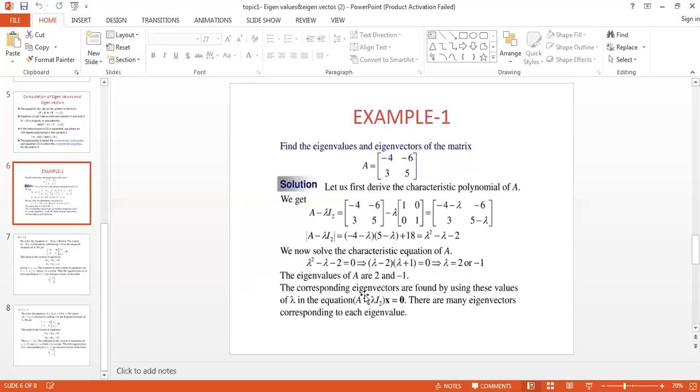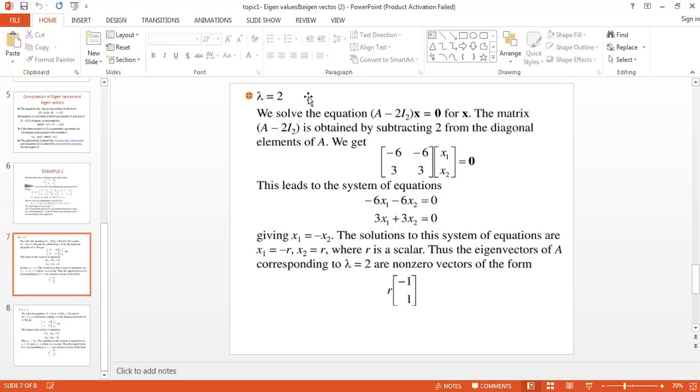The corresponding eigenvectors are found by using these values of lambda in the equation (A minus lambda I2) x equals the null matrix. There are many eigenvectors corresponding to each eigenvalue. This is from the definition of eigenvector, Ax equals lambda x. Right?